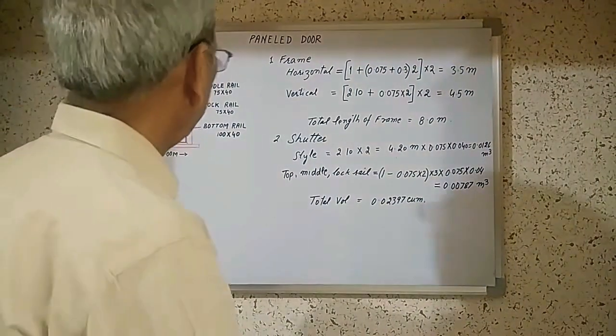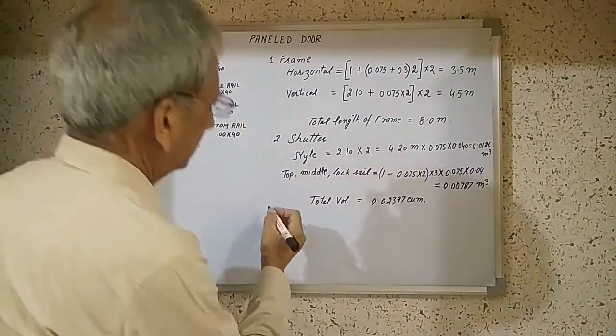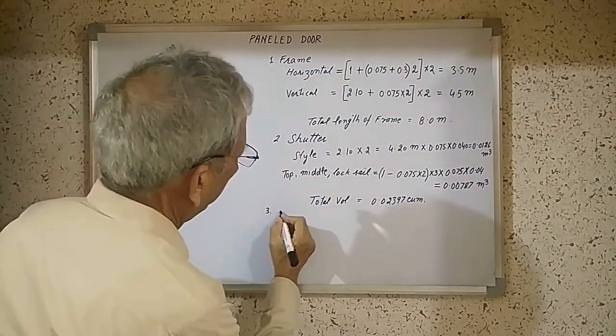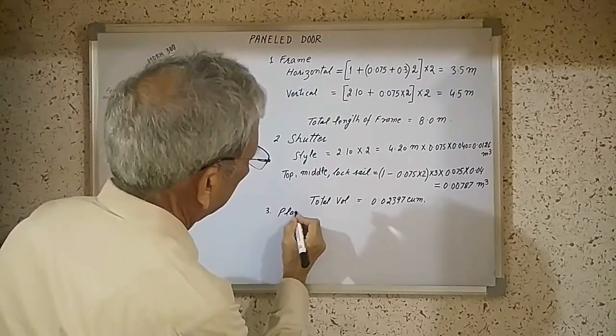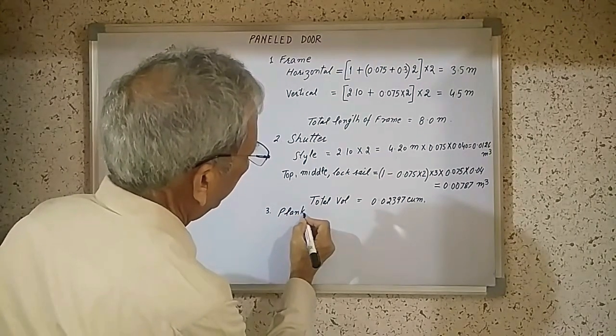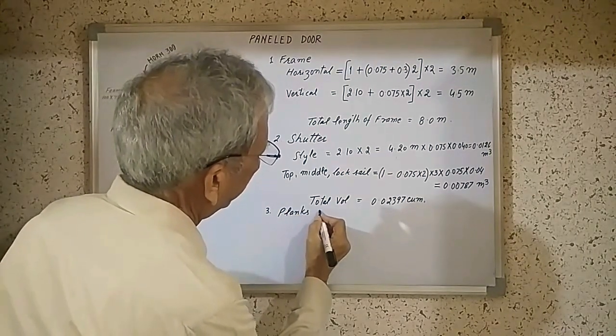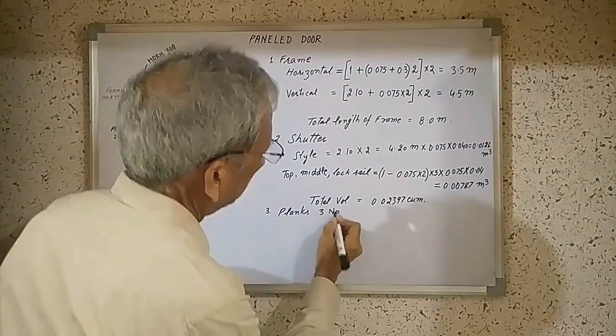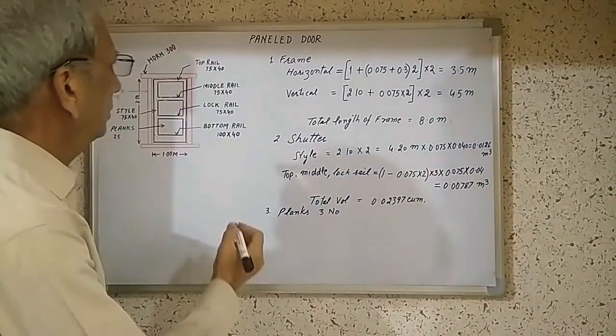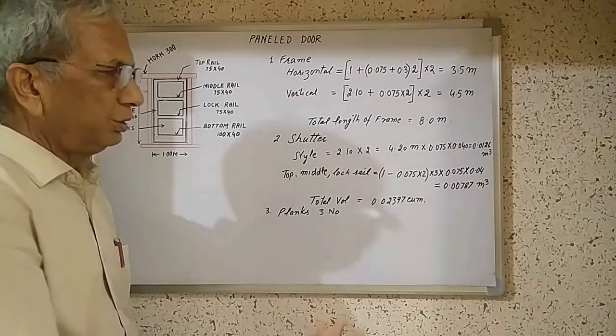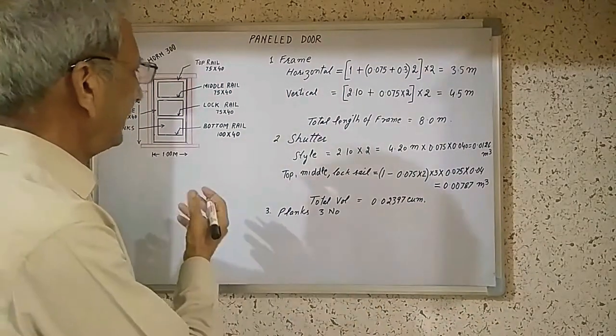Now the next item is planks. We have 3 number of planks. Now we will calculate the cubic content of the planks.